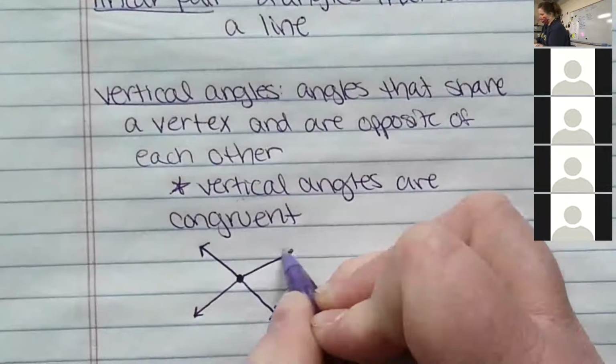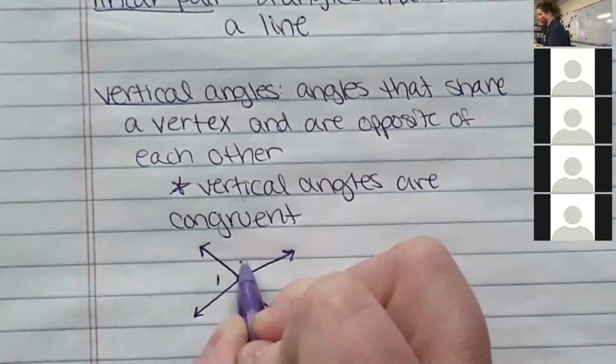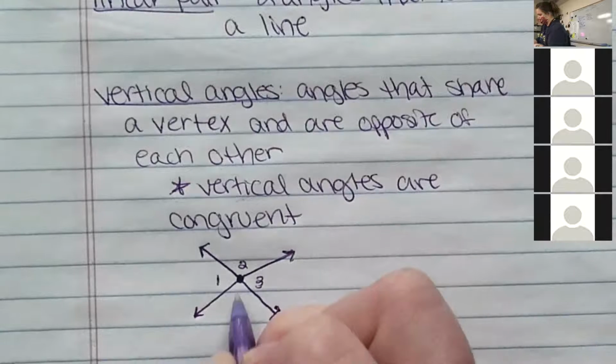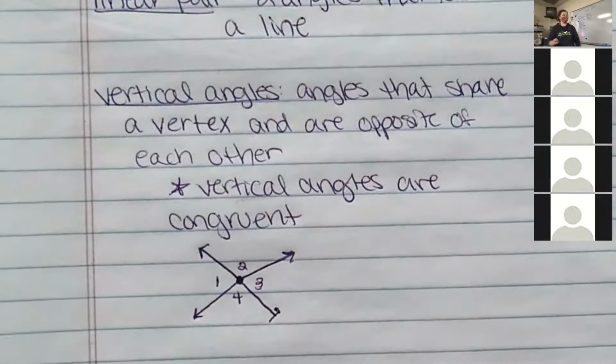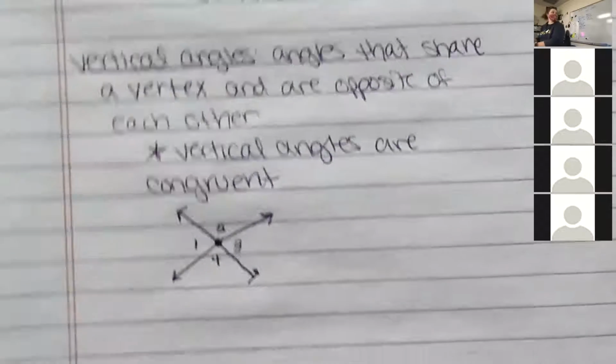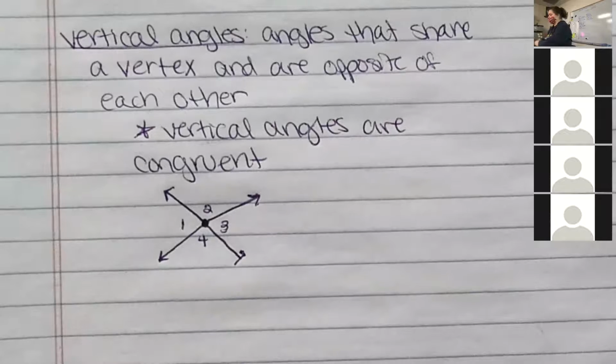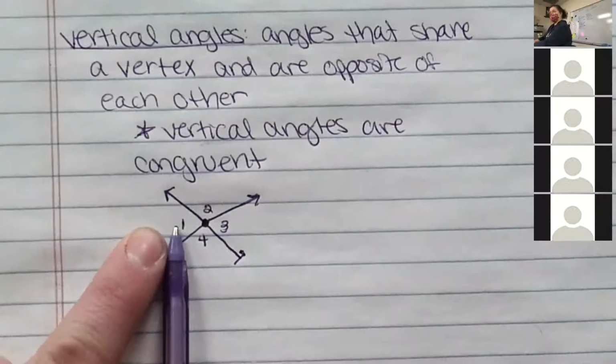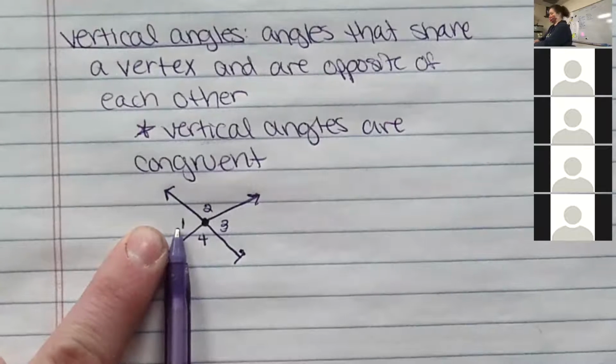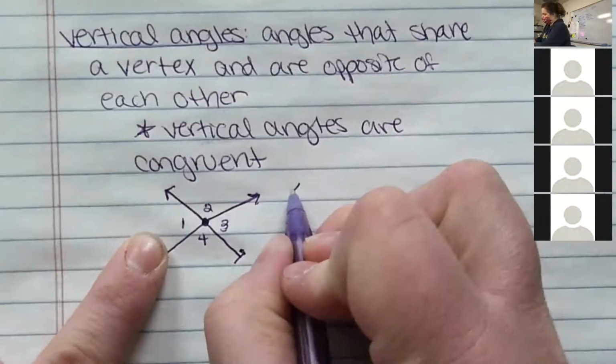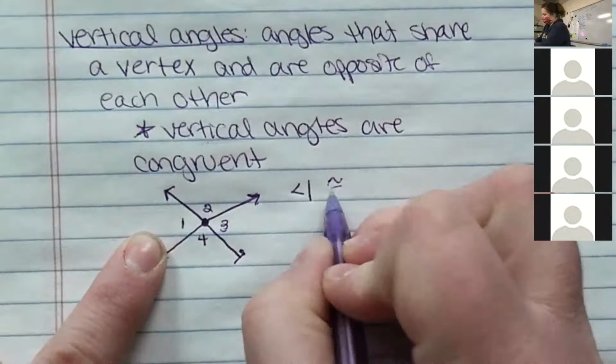I'm going to label them 1, 2, 3, and 4. Angle 1 is a vertical angle to which one? 3. Yep. So angle 1 would be congruent to angle 3.